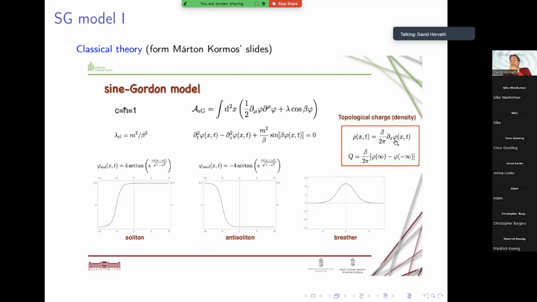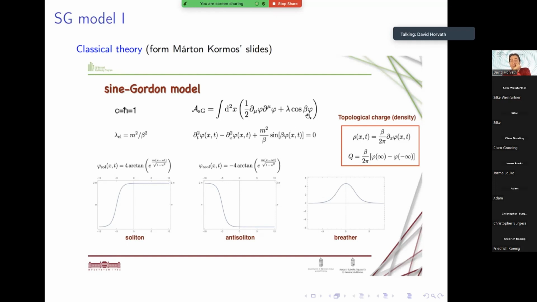Its interpretation is quite natural. If you integrate this quantity over a spatial region, it tells you the number of solitons minus antisolitons. So the soliton carries a topological charge 1, the antisoliton carries a topological charge -1, and as I said, the breathers are neutral configurations. So this is what you have to know about the classical theory.